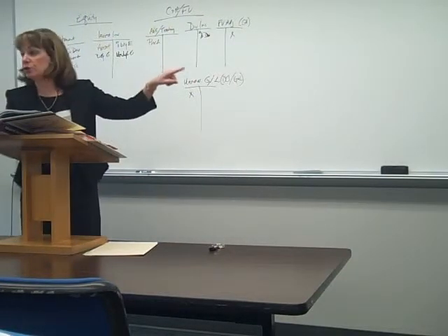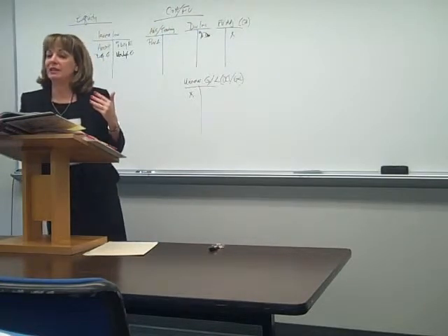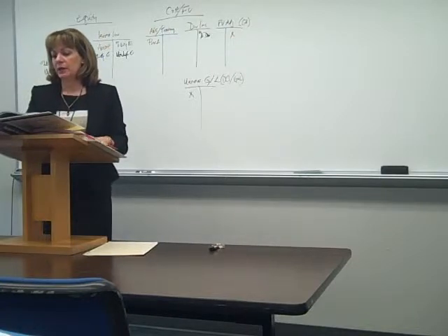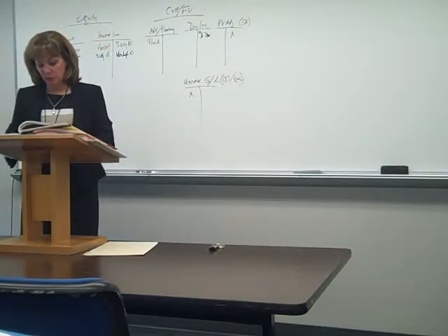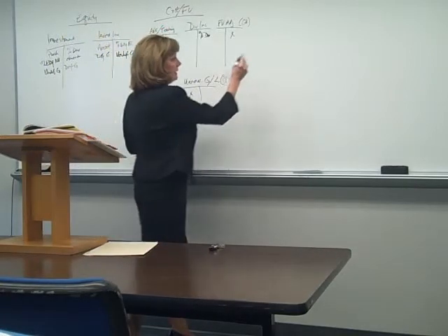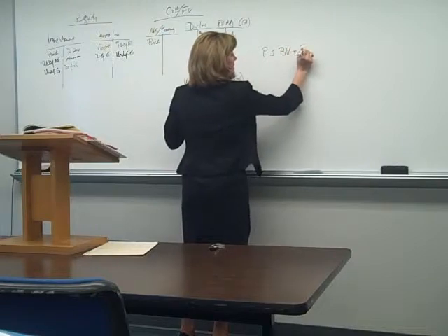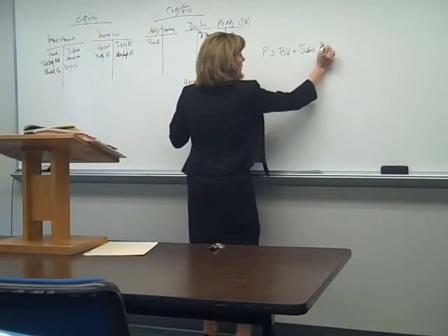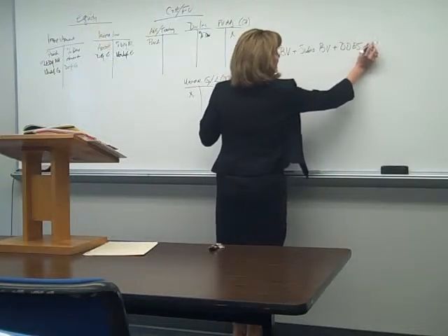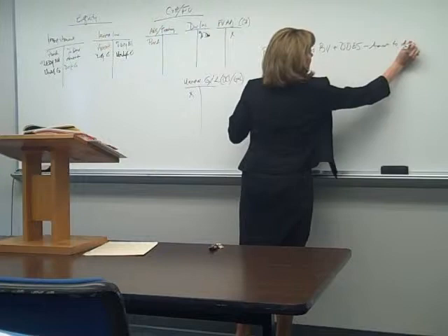So make sure you can do this without doing a worksheet. Can you get consolidated equipment? Once again, I'm going to write the formula on the board. It is parent's book value plus subsidiary's book value plus the DDES amount minus amortization to date.